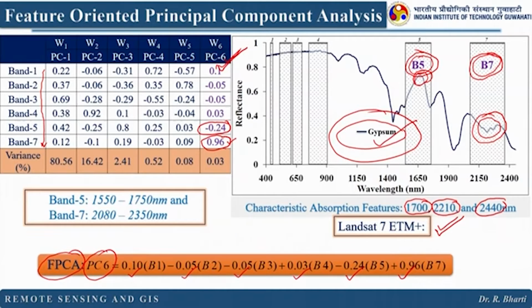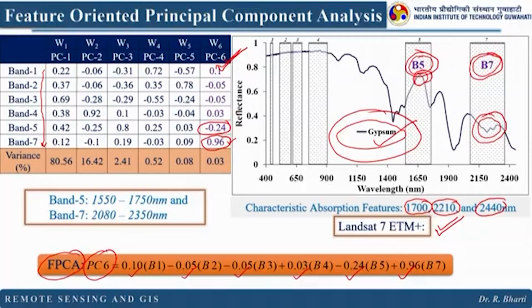So running the principal component requires the basic knowledge of how to run it, what we do in principal component, how we treat our data. But in feature oriented principal component analysis, basically this tells you which principal component is suitable for your study. So I hope this is very clear, right.